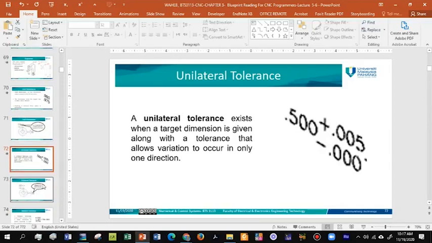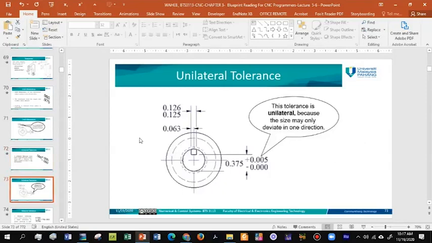Here, as you can see, is also a unilateral example. You have 0.375. This is the dimension. You have plus 0.005 and minus 0.000. So the minimum value of the dimension is still the same as the targeted value, which is 0.375.